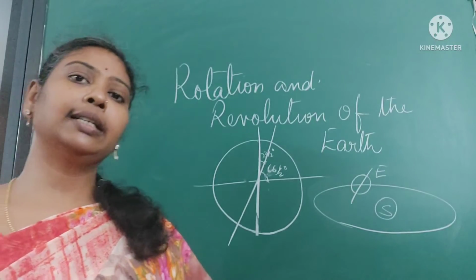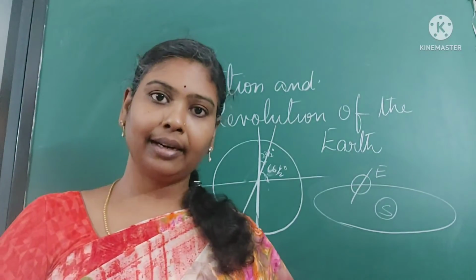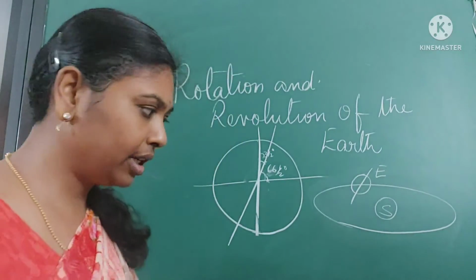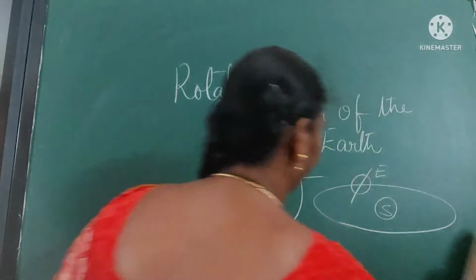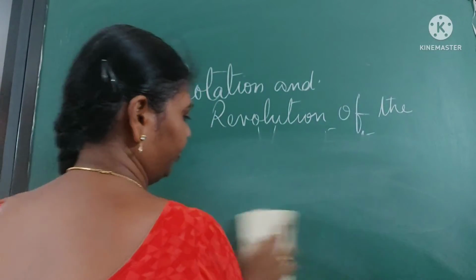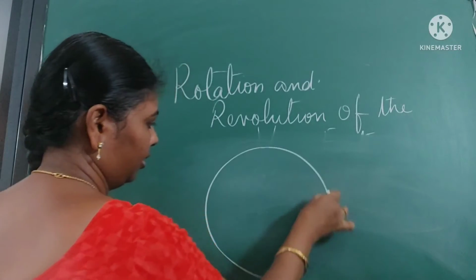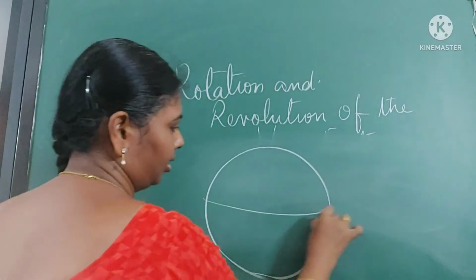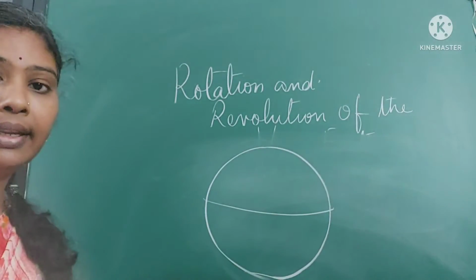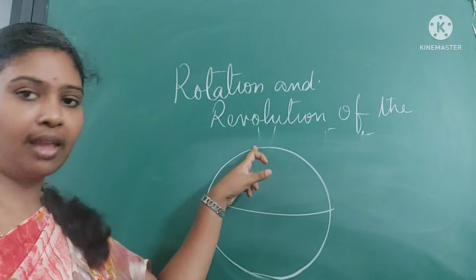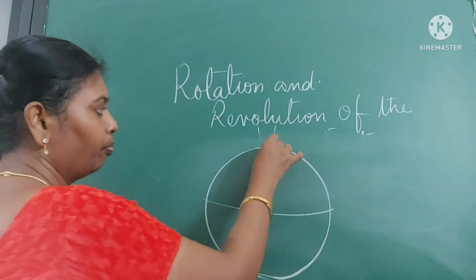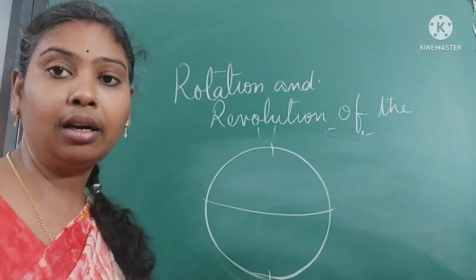The speed of the Earth is different at different places. Take for example, the distance near the equator is more than that of the poles. Pole is only a point.